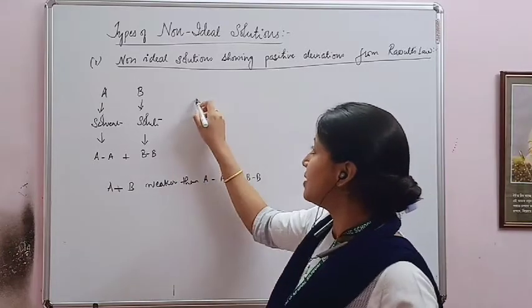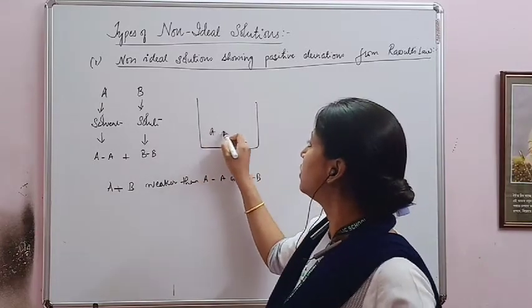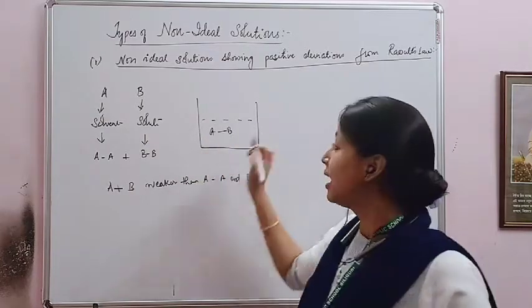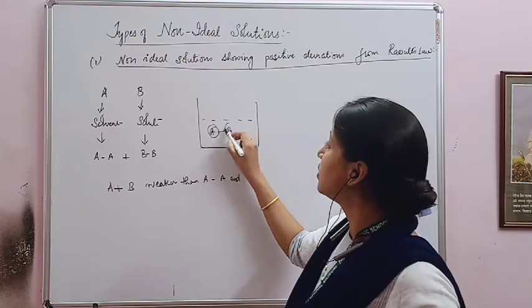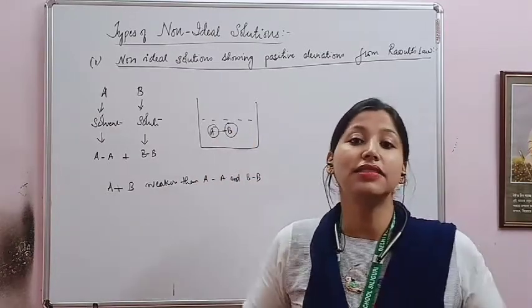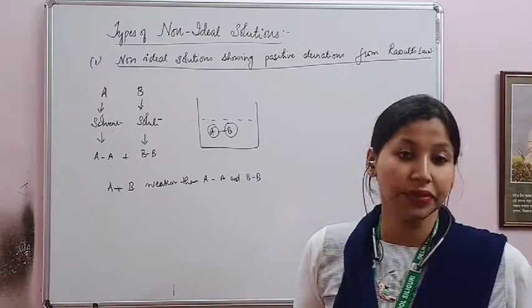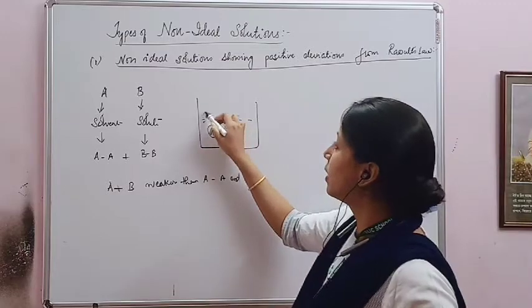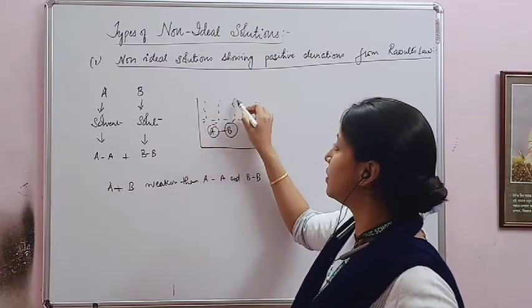The escaping tendency. The AB molecules have weak interactive forces. As a result, these molecules will have a greater tendency to escape from the solution. In simple terms, their escaping tendency increases.